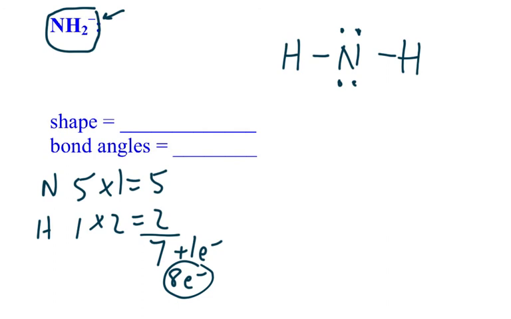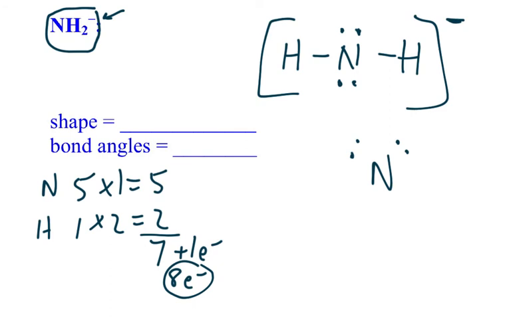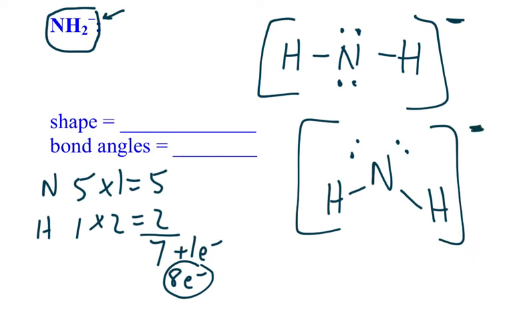Now remember, this is a polyatomic, so we need to put a bracket. We need to put the charge in the corner. And look what I'm going to do. I'm going to redraw this. If you look carefully, you'll see why I'm redrawing it. You could leave it like that, the way it's drawn, but I'm going to draw it like this so it can be a little bit more three-dimensional, a little bit more visual.